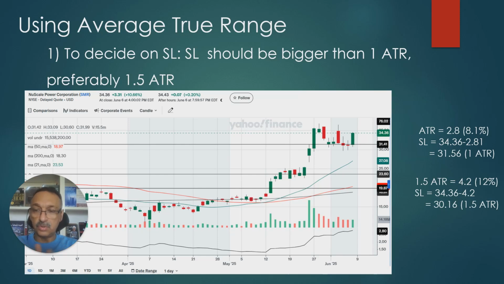So if you are going to choose a stop loss for this stock and you use 1.5 ATR, then your stop loss will be placed 12% away from the purchase price. And you can see that your loss here will be 12%. So if you cannot tolerate a 12% stop loss, don't go to high ATR stocks.